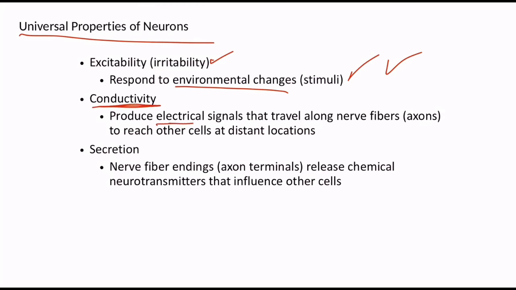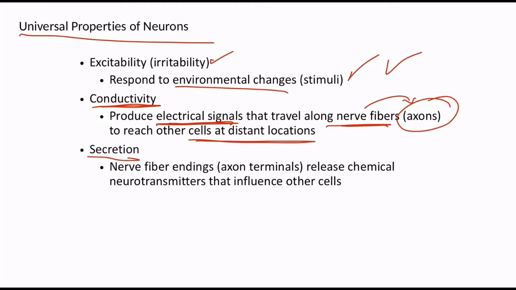They produce electrical or electric-like signals that travel along these nerve fibers. Think of them as giant fiber optic cables throughout the body. And we're going to talk about those a little bit more. Those nerve fibers are made of axons. And so those are going to communicate at distant locations with other cells.